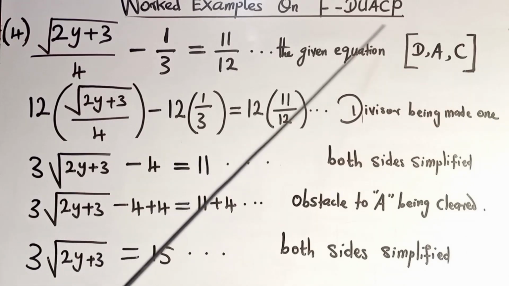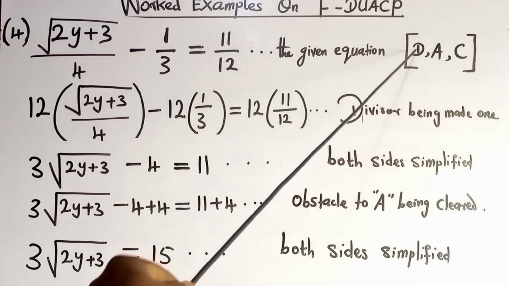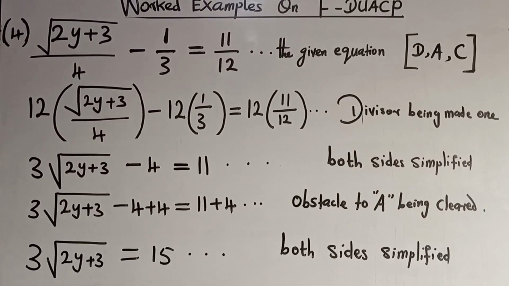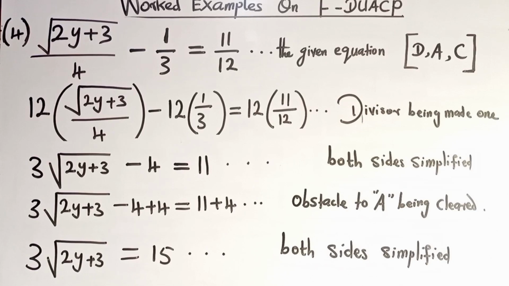Now let's make progress. Let's try to apply the first one, which is making the divisors become 1. Is it free for application? Yes. If this root had covered everything, including the divisor, it wouldn't have been possible for us to start making the divisor become 1 right away.